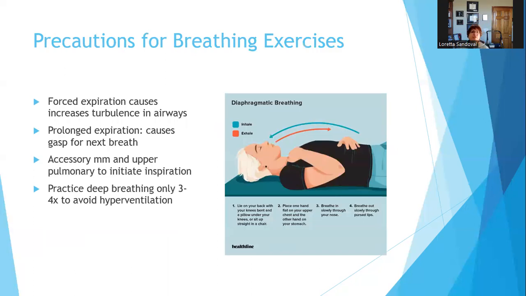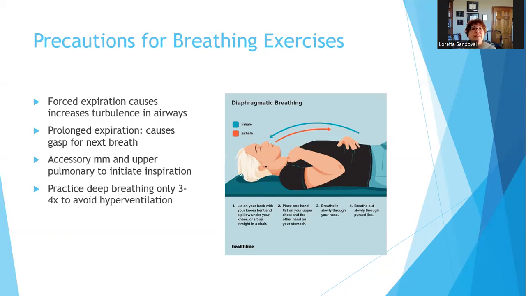So for breathing exercises, forced expiration causes increased turbulence in the airways. And prolonged expiration sometimes causes you to gasp for the next breath. And we don't usually want people to do that. When you're volitionally changing your breathing, you're using accessory muscles and your upper pulmonary area to initiate inspiration.